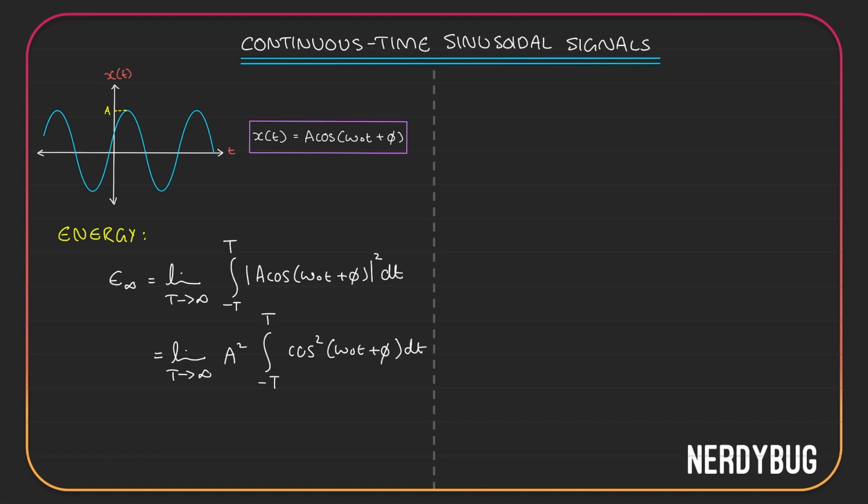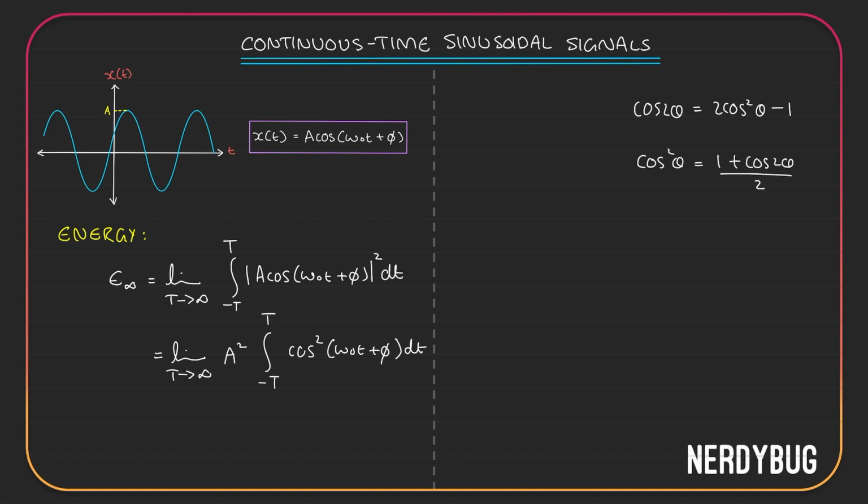We have to integrate cos square omega naught t plus phi. Now, when we have to integrate cos square theta, what we actually do is write it in terms of cos 2 theta, because we know cos 2 theta is 2 cos square theta minus 1. So cos square theta will be 1 plus cos 2 theta by 2. We do this because it's easier to integrate cos theta than cos square of theta.